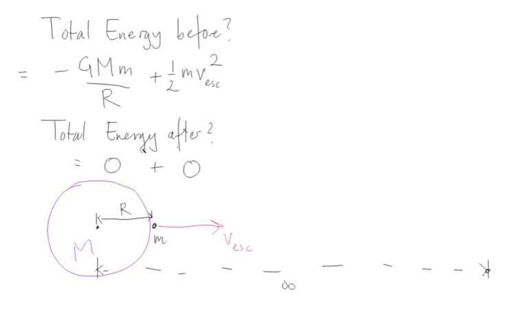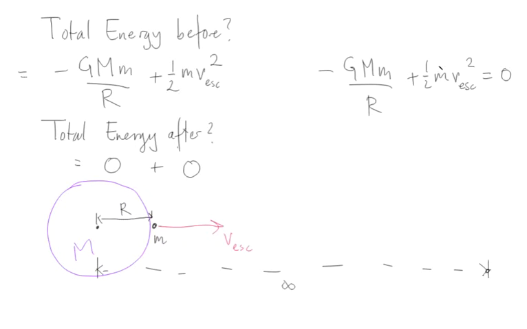But obviously in real life you lose energy due to air resistance if the planet has an atmosphere. But let's assume we don't have an atmosphere, so we just put minus big G m little m over r plus a half m v escape squared equals zero.